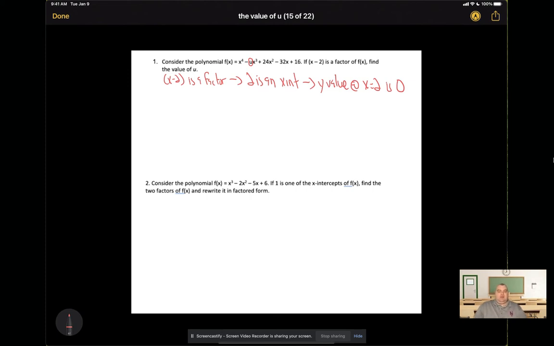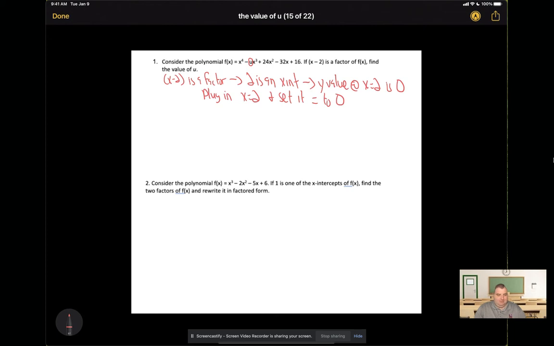So to figure out the value of u, I'm going to plug in x equals 2 and set it equal to 0.